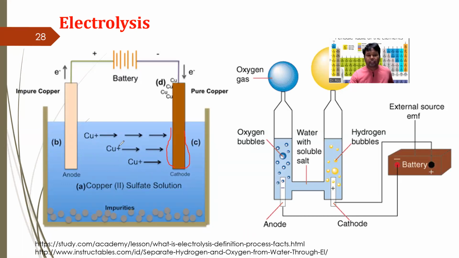When electricity is passing through this, the silver ion gains electrons from the metal, that means the iron spoon.